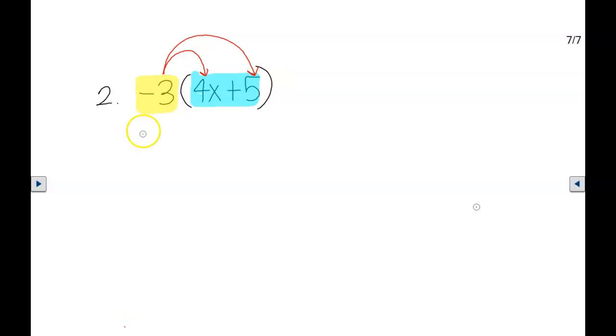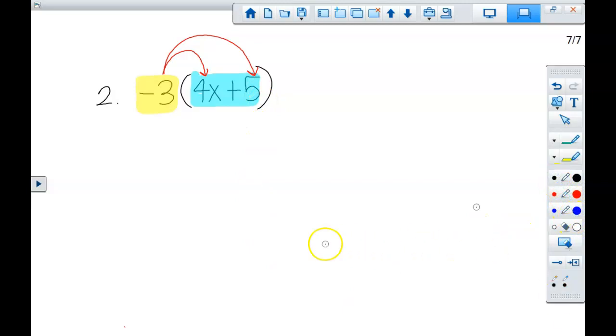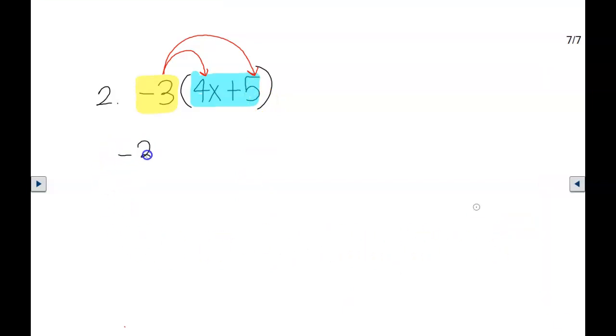So instead of multiplying negative 3 times the entire group, I'm going to do negative 3 times 4x, and I'm going to do negative 3 times 5. I'm going to multiply him by both members. So I'm going to do a negative 3 times 4x. I'm going to do a negative 3 times 5. And then right here in the middle, I want that plus sign that I see in my problem.